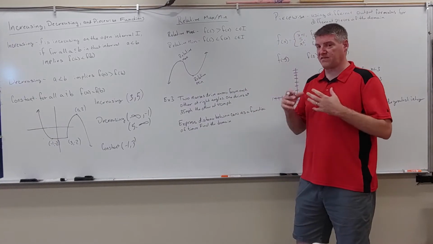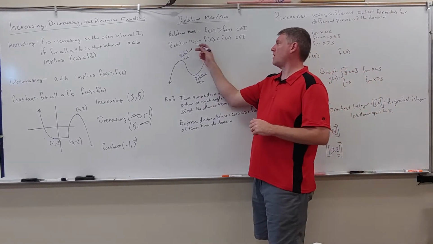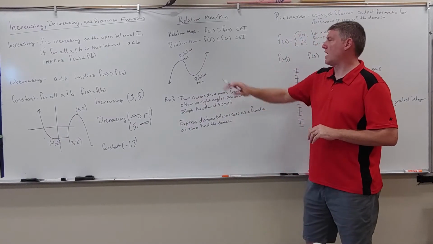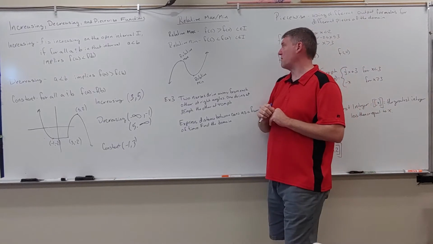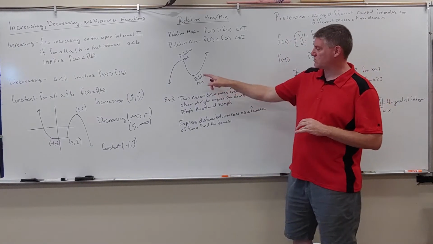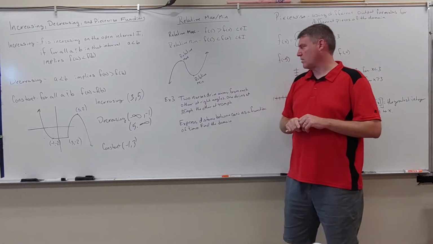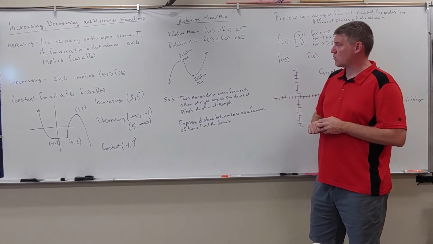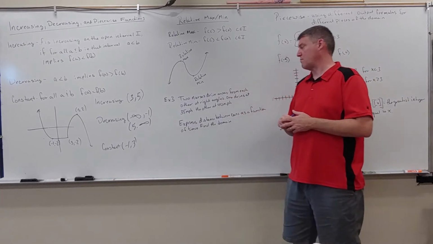It may not be the greatest peak, but it will be a peak. Relative min, f of c is less than f of x for c an element of I. So this would be a relative min here. So here's our relative max, and here's our relative min.